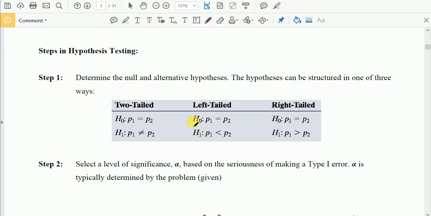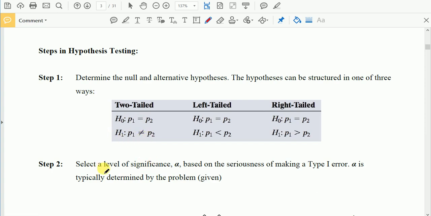This is the default case. Now, we claim that for the two tails, they are different. For the left tail, the first population is less than the second one. The right tail, the first one is bigger than the second one. But the null hypothesis, they are all equal, and this is the claim or the alternative hypothesis.